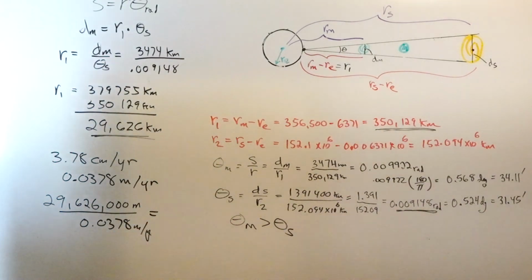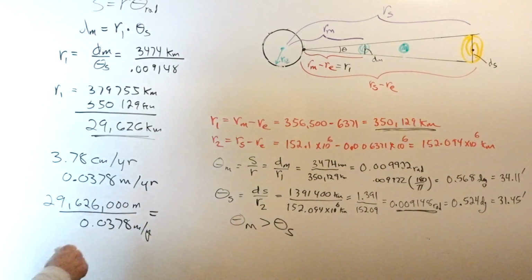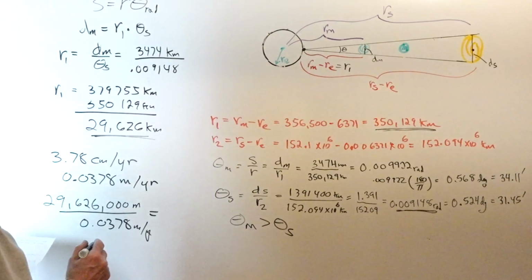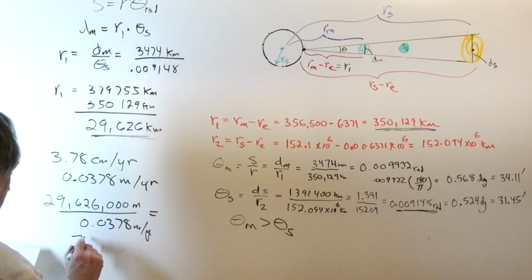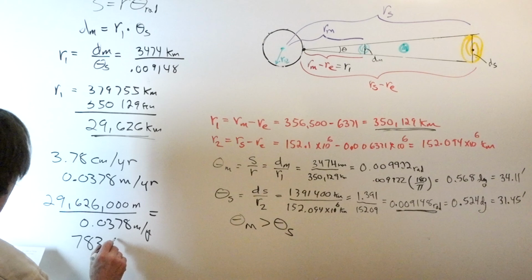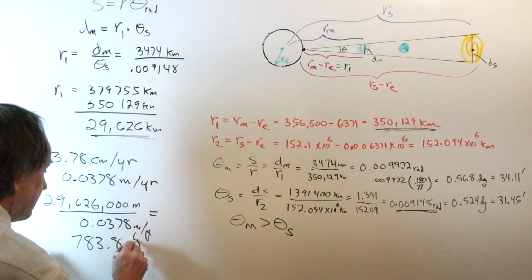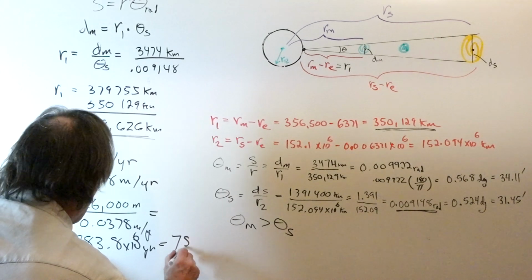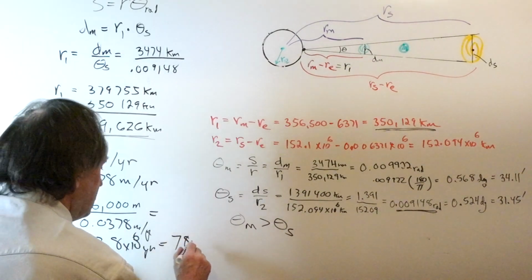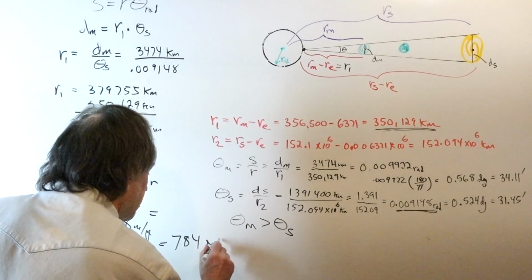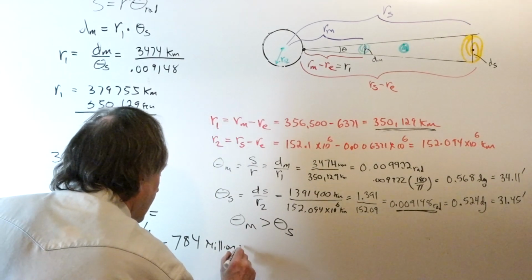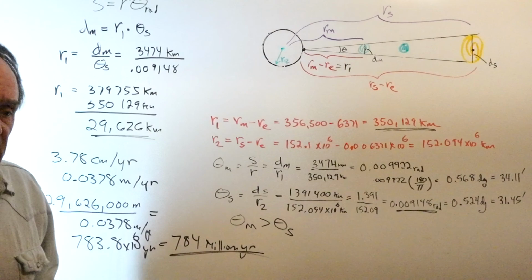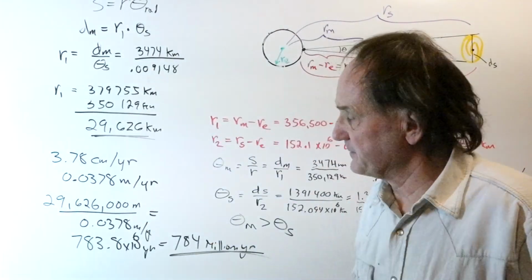So this gives us how many years from now this will occur. If we perform this division, we get 783.8 times 10 to the 6 years, or this tells us roughly 784 million years from now, we will lose our ability to see total eclipses of the sun.